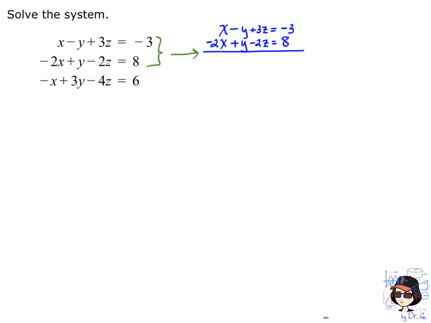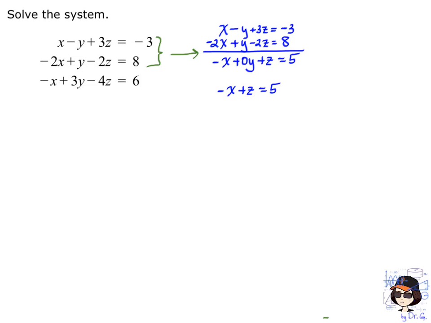Now let's add them together. x minus 2x is negative x, negative y plus y is 0y, and 3z minus 2z is z, and negative 3 plus 8 is 5. Since 0 times y is just 0, we can rewrite that as negative x plus z equals 5. All right, so now what do we do with that?